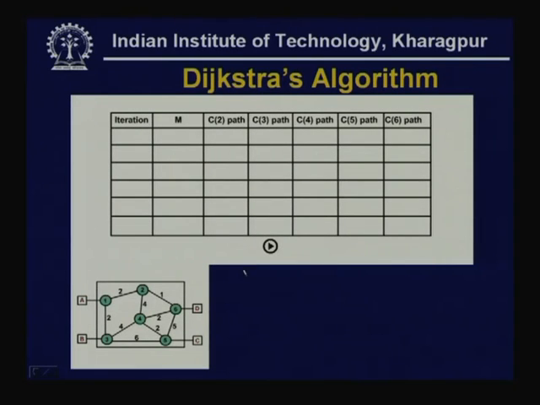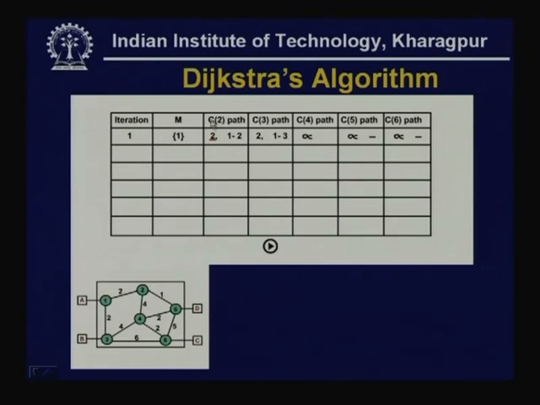Here, as you can see, we have a network where the topology is fixed, the interconnection is fixed, and the costs associated with different links are given. Now, in the first iteration, M is the source node. Here the source node is 1, and this node is connected to node 2 and node 3.